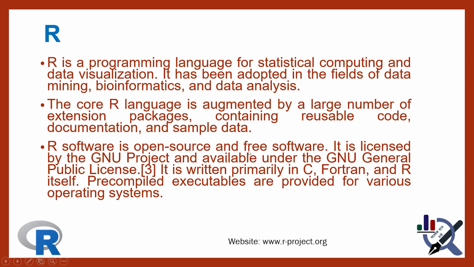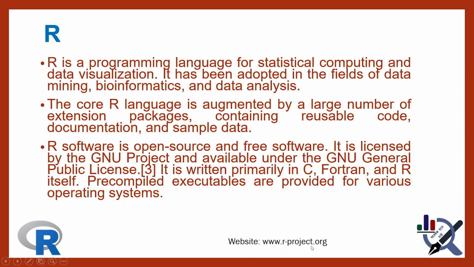It is licensed by the GNU project and available under the GNU General Public License. It is written primarily in C, Fortran, and R itself. Pre-compiled executables are provided for various operating systems. Okay, so this is the website.